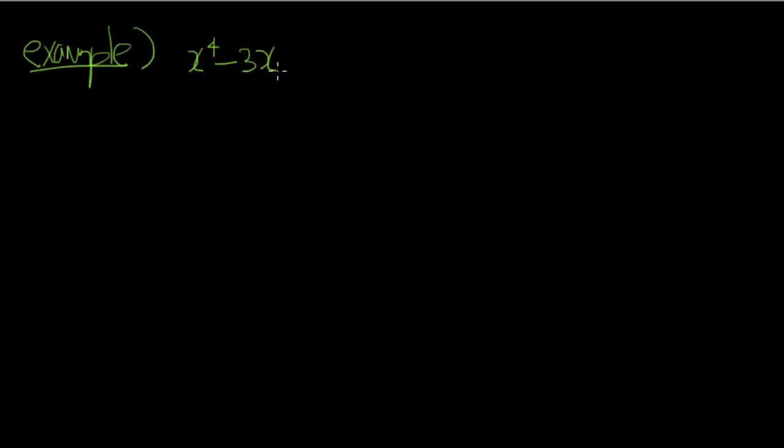Let me give you one more example just to make sure that everyone understands this. Right, the example. So this time we're going to divide x to the fourth minus 3x to the cube plus 2x negative 5.